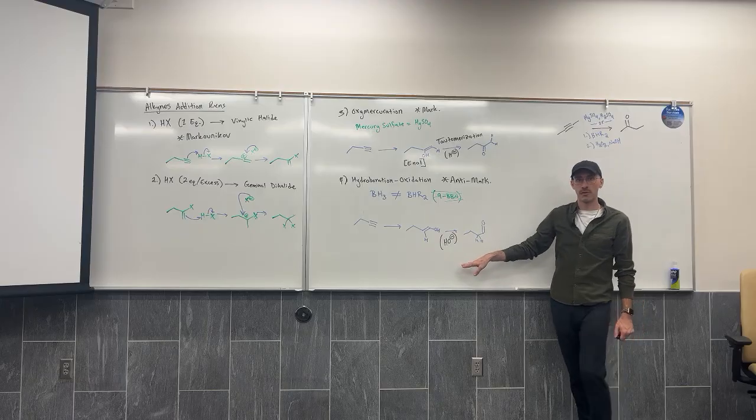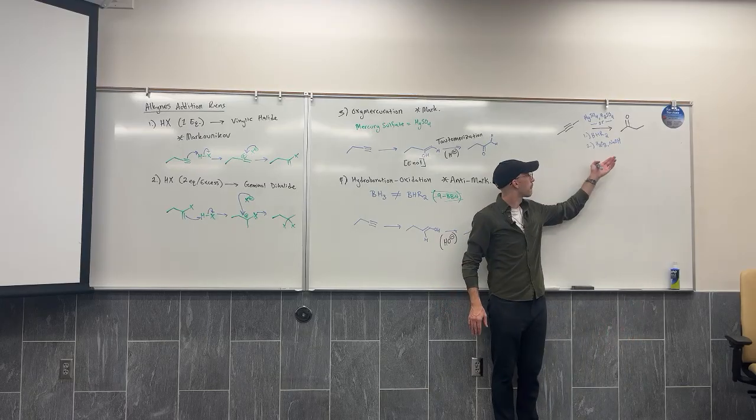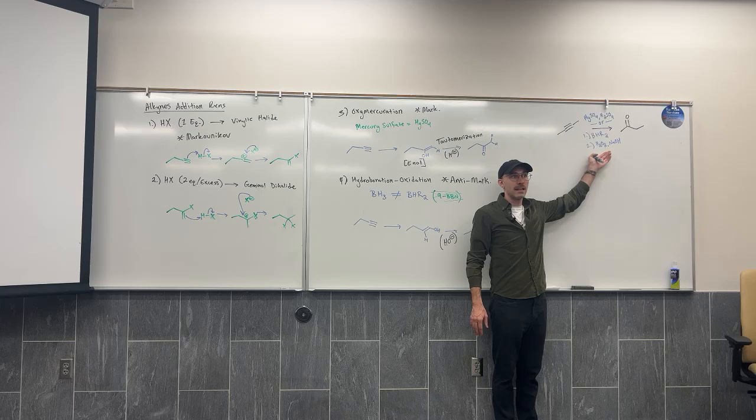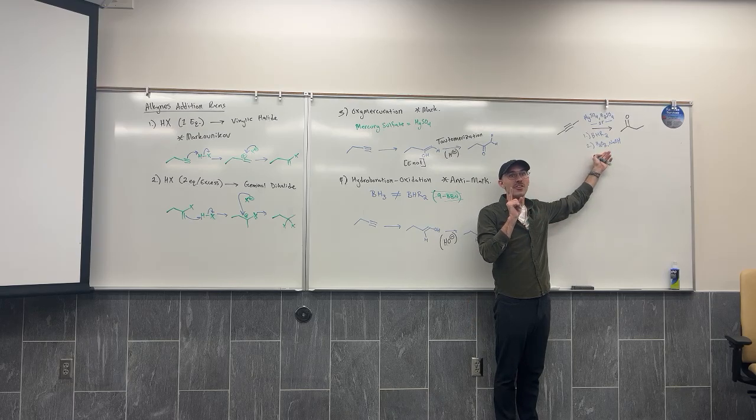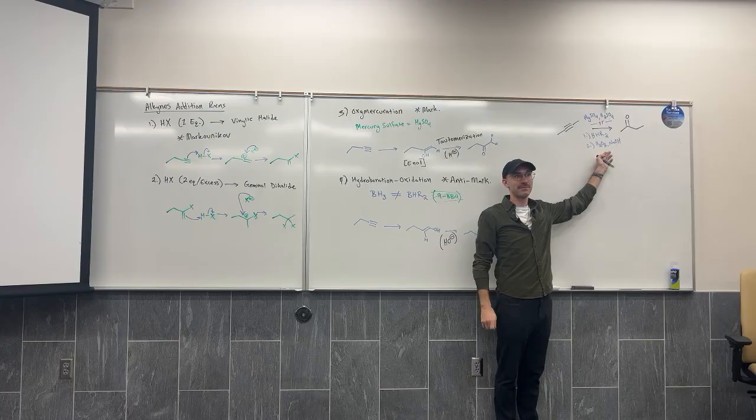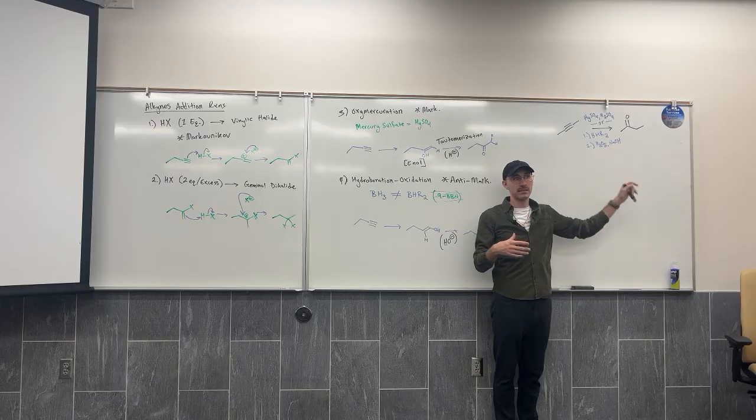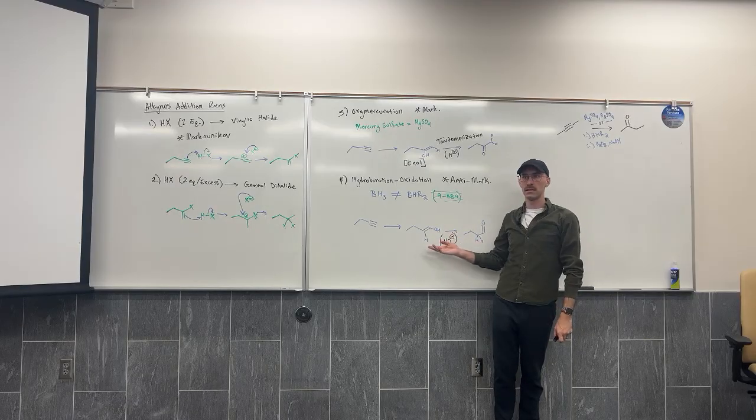Where would the base come from? Not the peroxide. Peroxide is not a base. Or I guess sodium hydroxide. Sodium hydroxide. This is basic aqueous hydrogen peroxide, and part of the reason we put in the base is to help with the tautomerization.